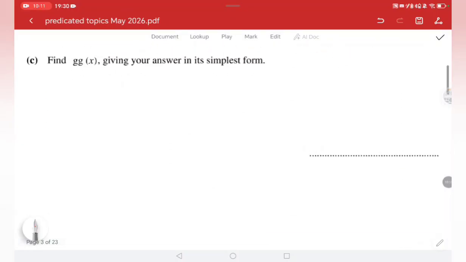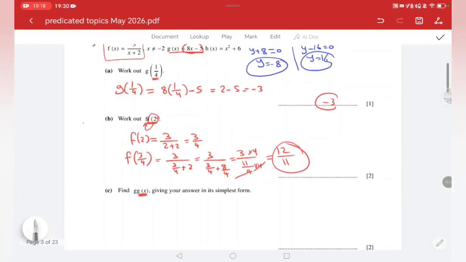Next one, find g of g of x. Okay, what's g of x? Let's go back. G of x is 8x minus 5. Okay, instead of this x we write what? 8x minus 5.